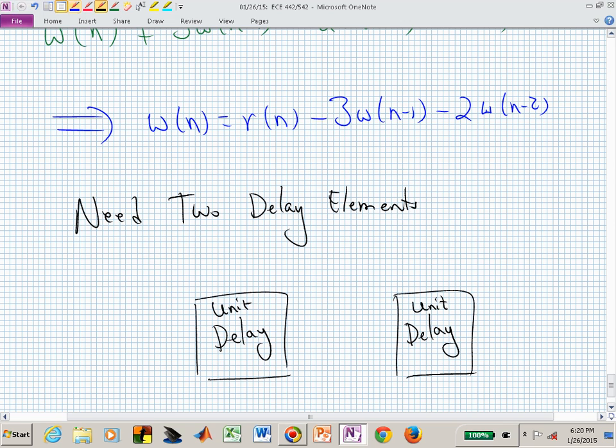And what I'm going to do now is try to create that difference equation in this diagram. Meaning, let me make the output of this leftmost summing junction be the left-hand side of that difference equation.